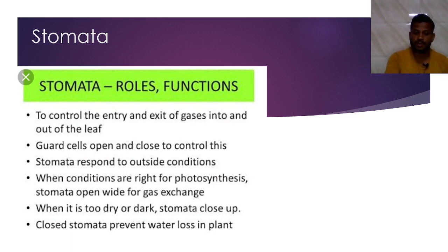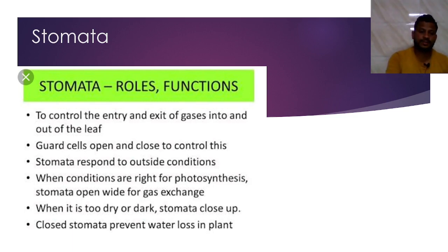The closed stomata prevent the loss of water in a plant. Why? Because during the exchange of gases, water also comes out from the stomata. So when they are closed, they protect the plant from loss of water.